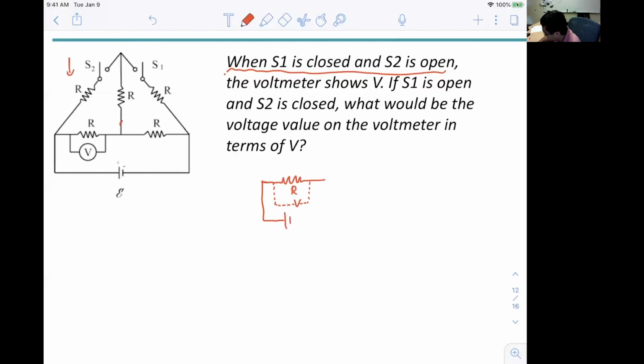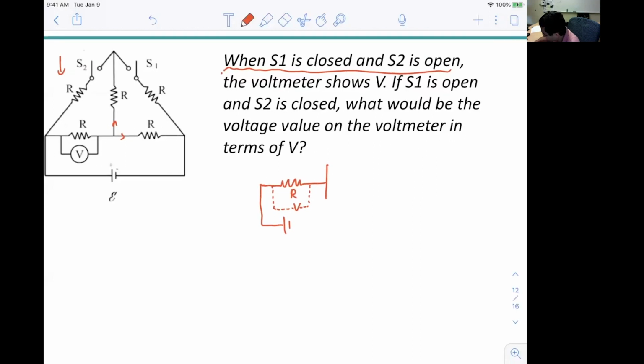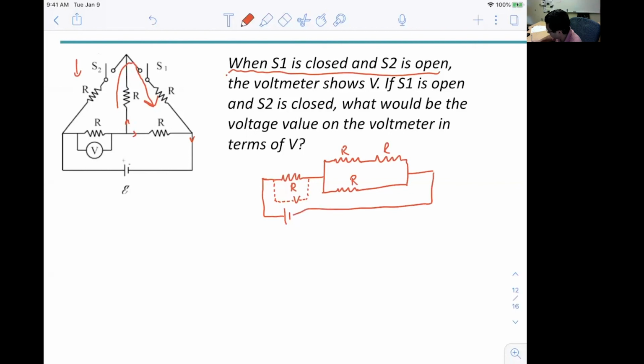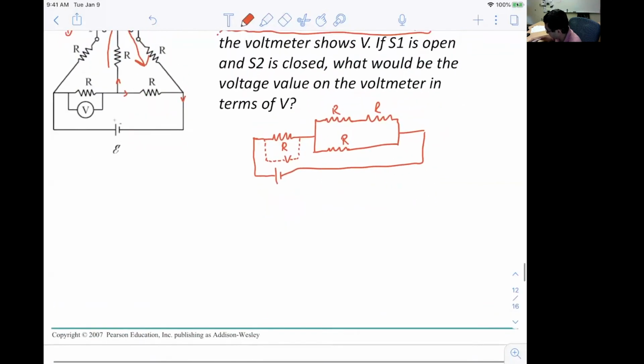And here you split the current into 2, and current goes this way, because S1 is closed. So R, and you have R here, and they meet again here. Okay, this is the first case.